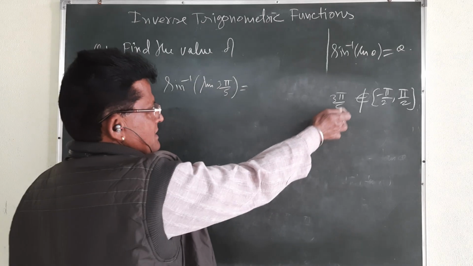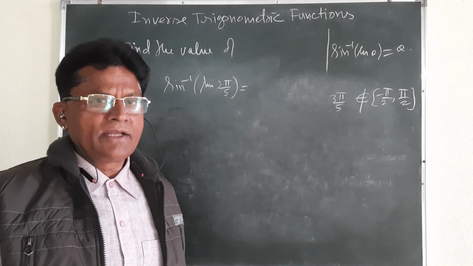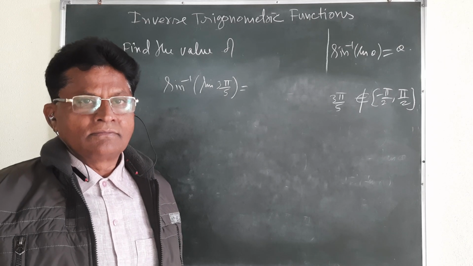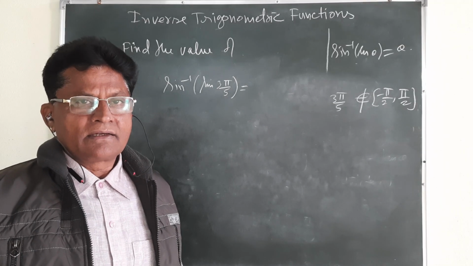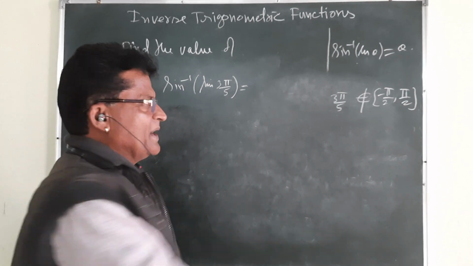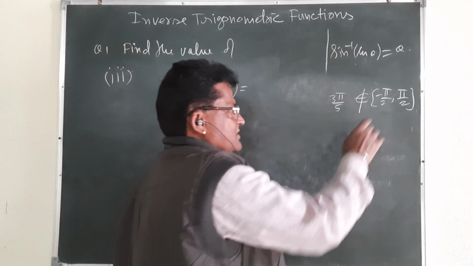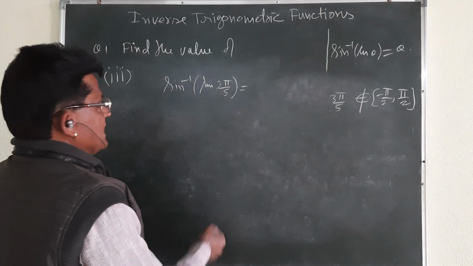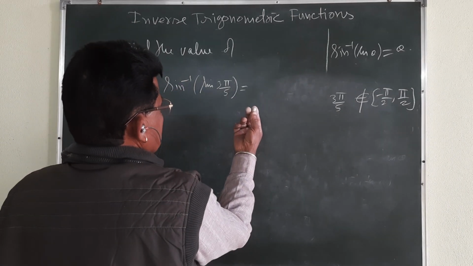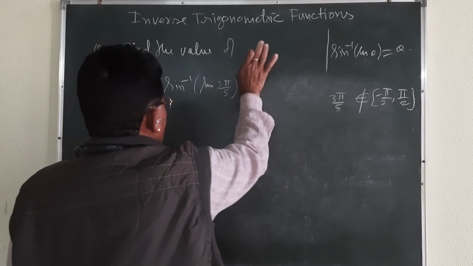You divide 180 by 5, approximately it will be 36, and 36 into 3 is automatically beyond this range. It will not lie. Then how will you find its value? Similarly, you can find its value.